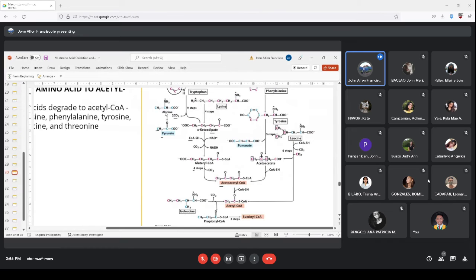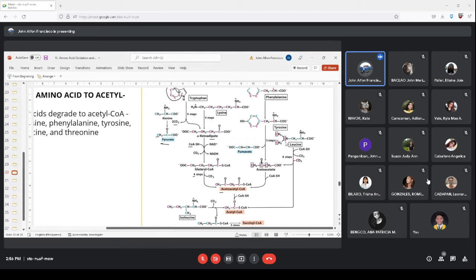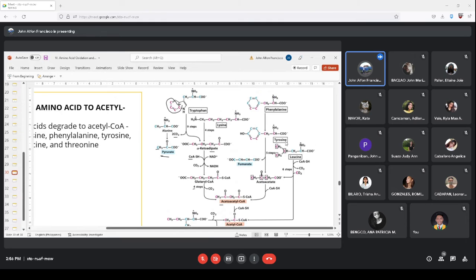Si alanine naman, you can easily convert it to pyruvate by just removal of your amine group. Okay? This is just an introduction of water. Okay, sino pa? Si phenylalanine naman, it is a ring containing, so meron siyang benzyl group.